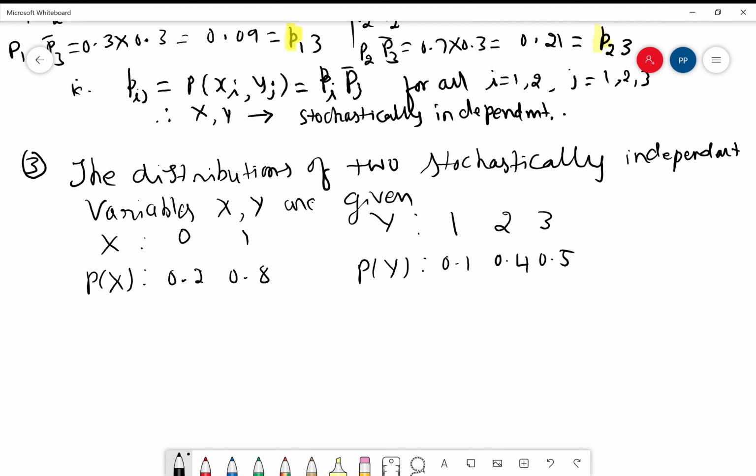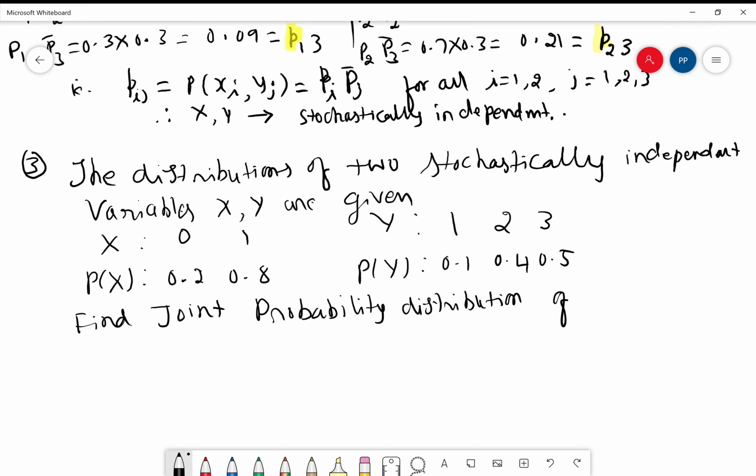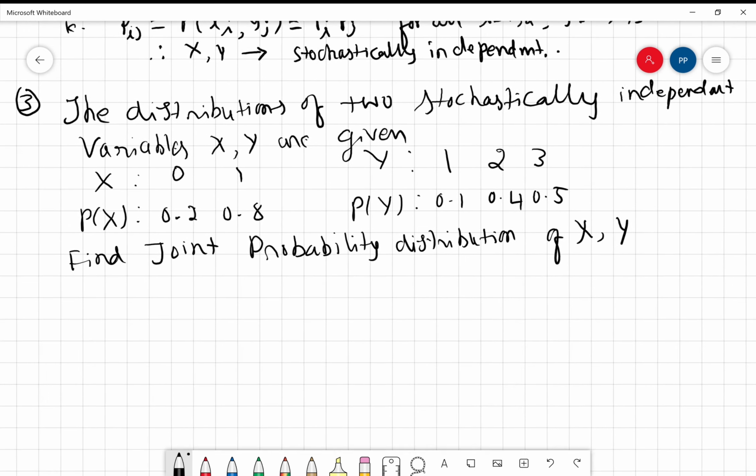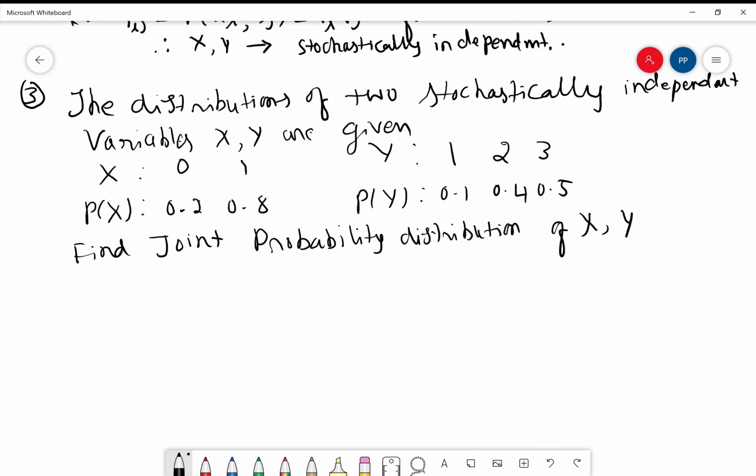Now find the joint probability distribution of the variables x and y. We know that if the variables are independent, we can find the joint probability distribution. So now just find the corresponding probability values.